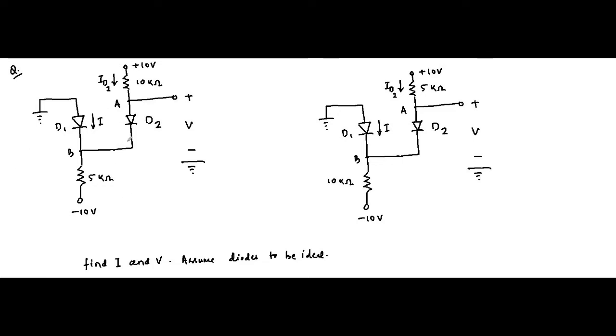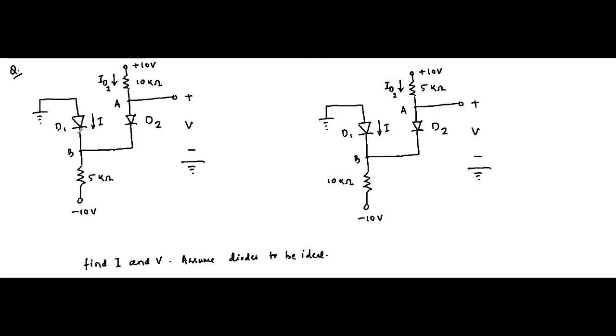Now focusing on this first circuit diagram, if you look at diode D1 and D2, for diode D1, P end is connected to ground, N end is connected to a negative potential. So we can assume that diode D1 would be on.